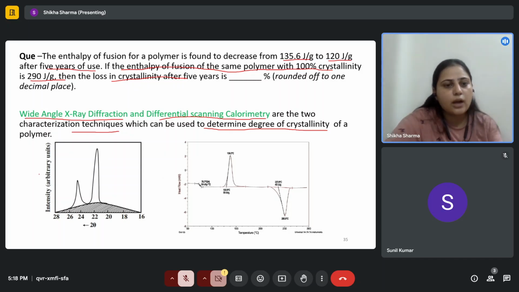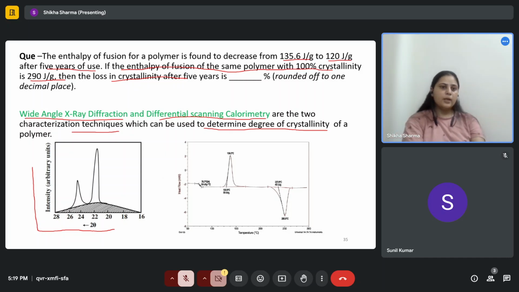So the first graph is what we get from the wide angle XRD. In that, the y-axis is the intensity of the peaks and the x-axis is the 2 theta angle, the diffraction angle value, right? So with respect to the diffraction angle, we get different peaks.